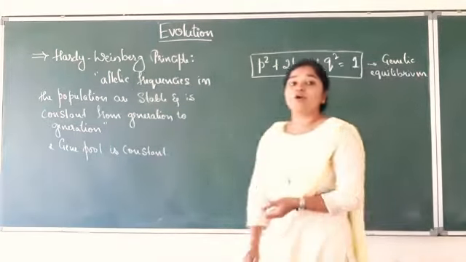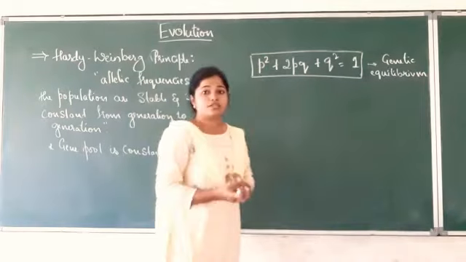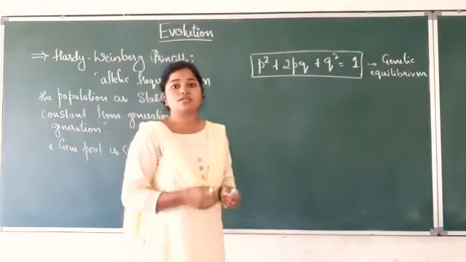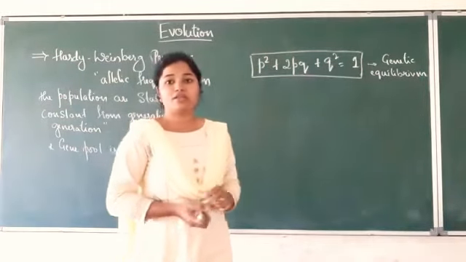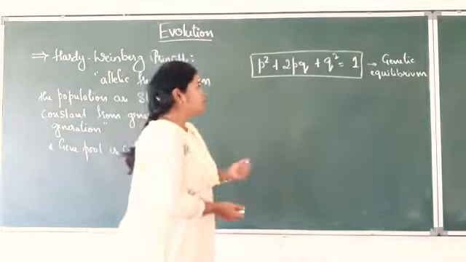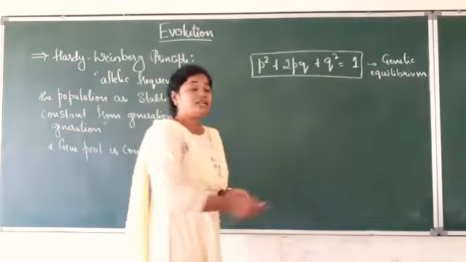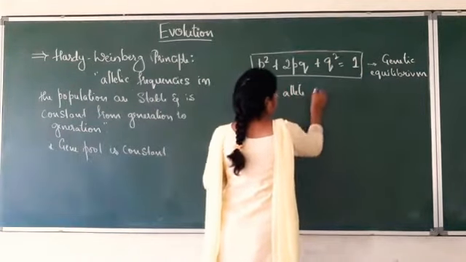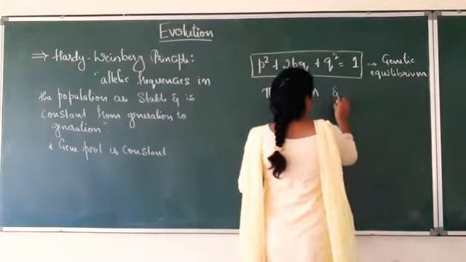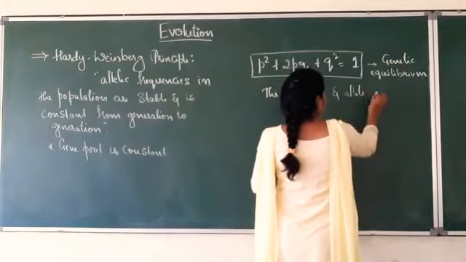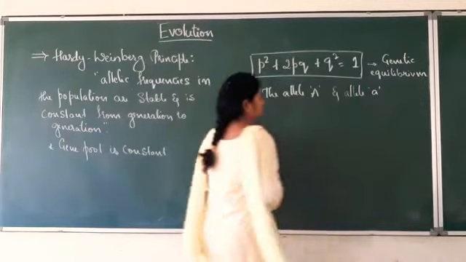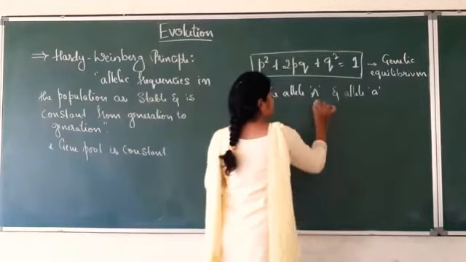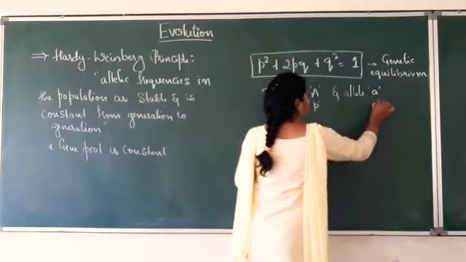So in a diploid organism, it means the chromosomes are present in two sets. So those are called diploid organisms, or the two-n organisms. So in the diploid organisms, the allele A and allele a are represented by the letters p and q.